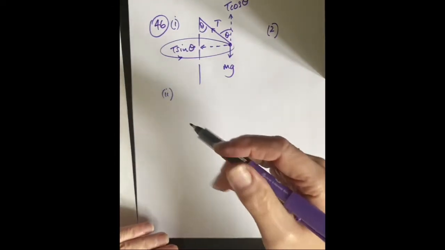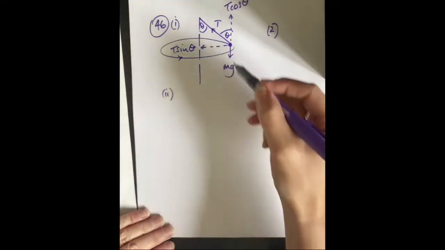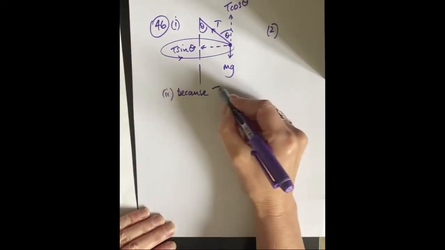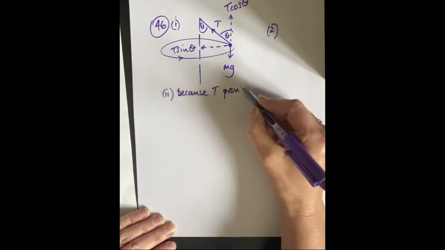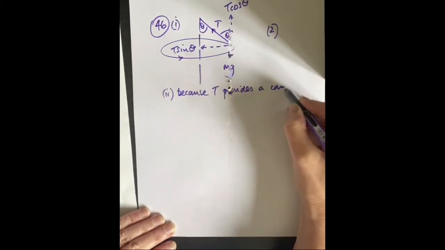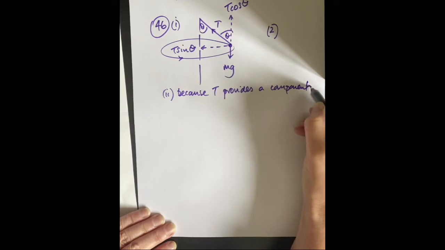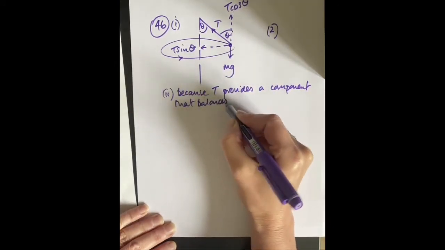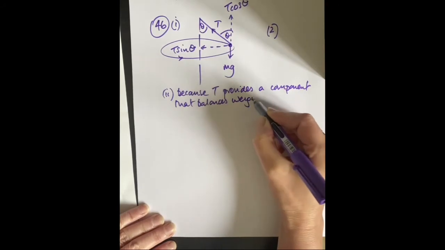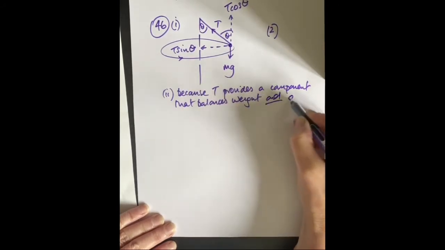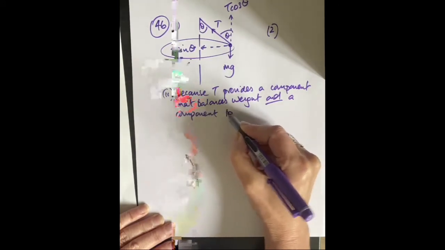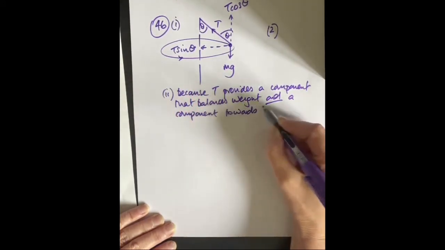That's why it's not vertical or horizontal. That's why it's circling at an angle. So it's because T provides a component that balances the weight and a component towards the centre of the circle.